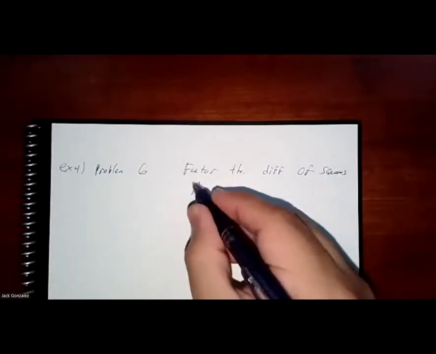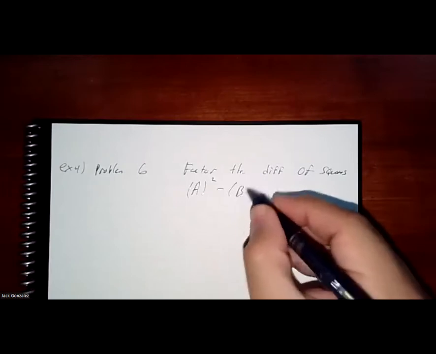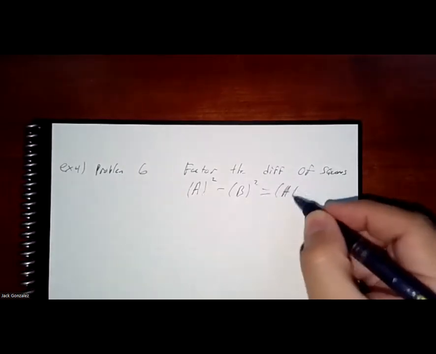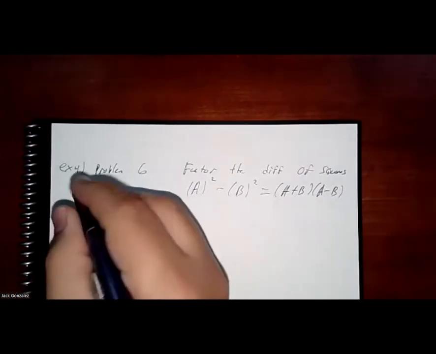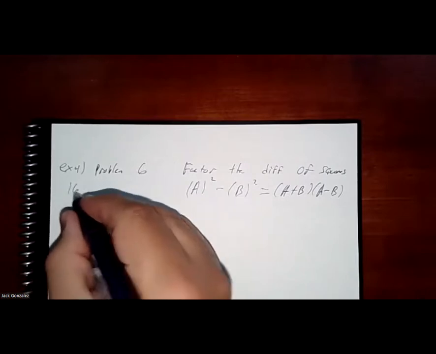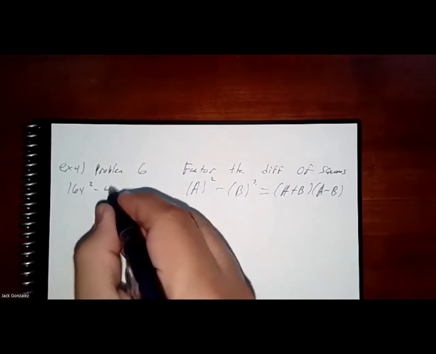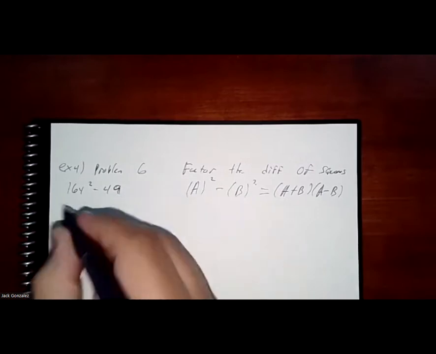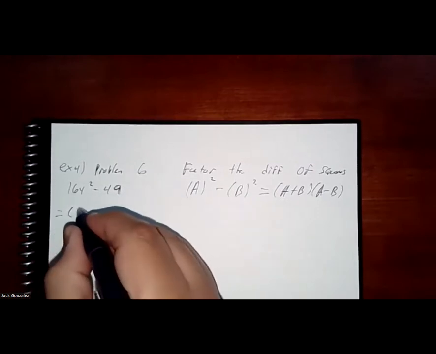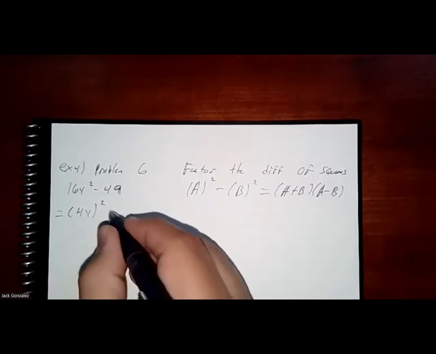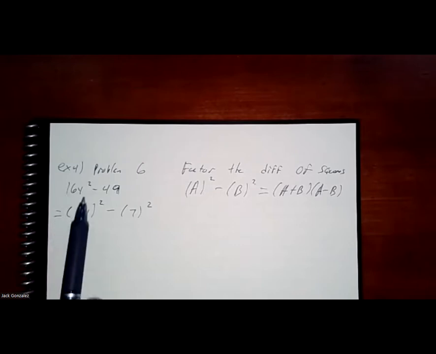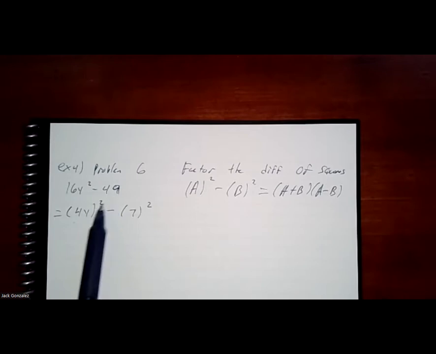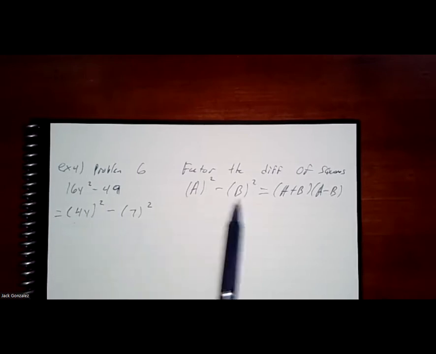So we're using this formula to factor, not to multiply this time. So we're doing the opposite. We have 16y squared minus 49. Rewrite this as a square minus a square. 4 squared is 16. y squared, obviously, is y squared. 7 squared is 49. Once it's in this form, you can just straight up apply your formula.